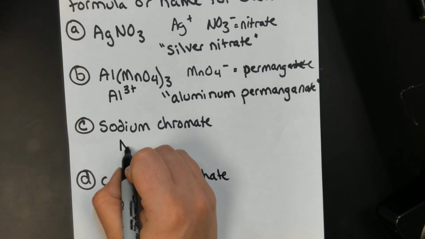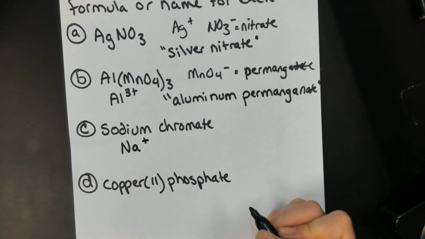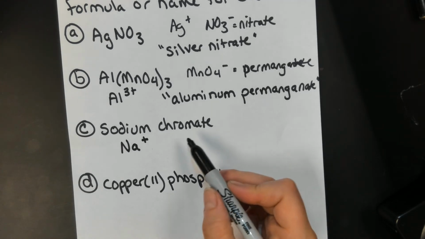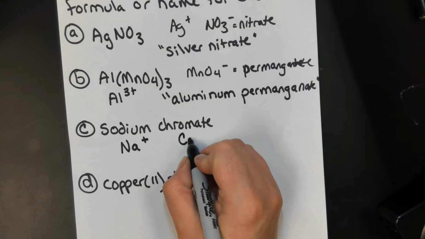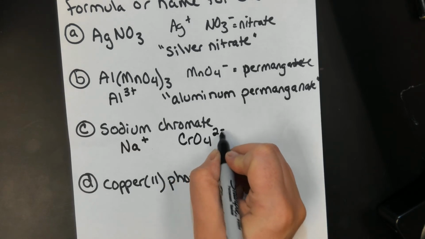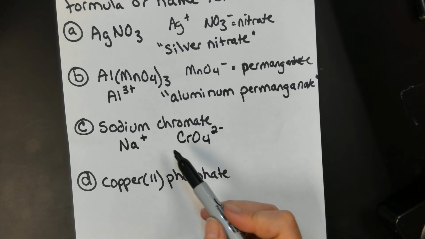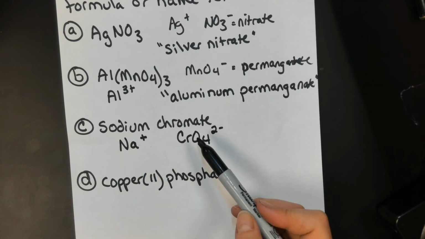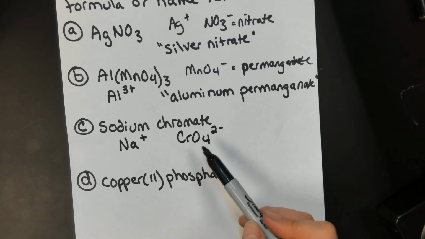So we know that sodium is going to be Na+. Chromate is also not one that you have to memorize, but chromate is CrO4 2-. So I could give you a compound with sodium and chromate, and I would tell you that chromate is CrO4 2-.